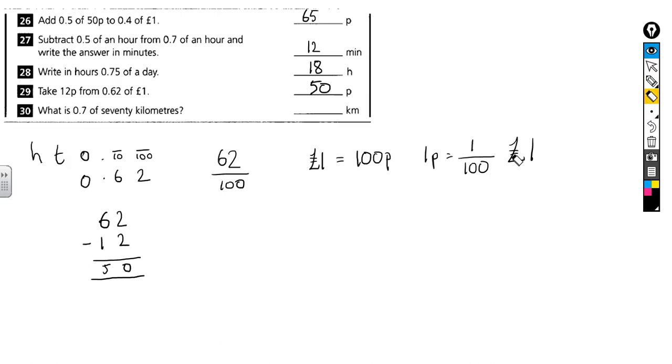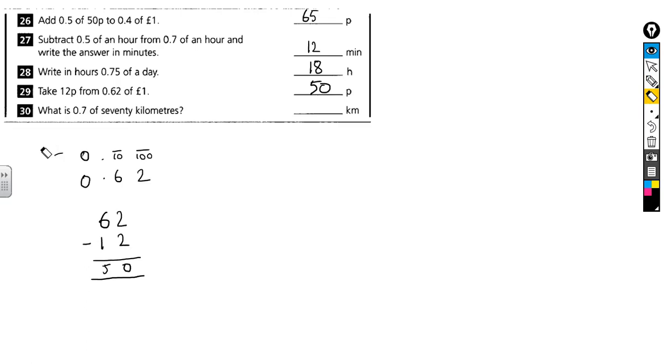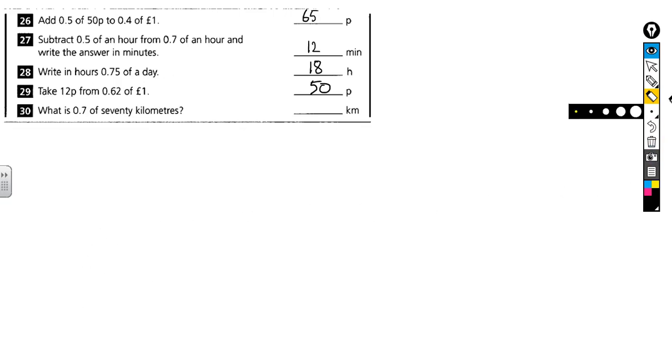Let's have a look at this last question. What is 0.7 of 70 kilometers? So we want 7/10 of 70 kilometers.